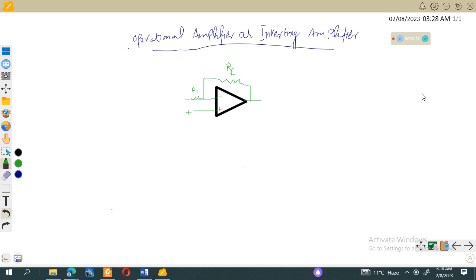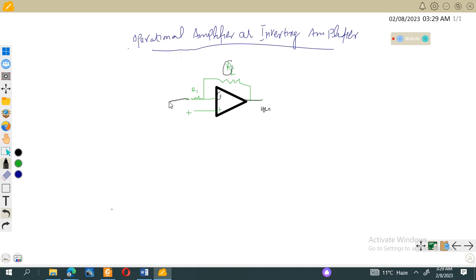So let's see. We have a diagram of an inverting amplifier circuit in which we have a resistor R1 as input, in which we have to give input, and this is the inverting terminal of the amplifier. This is our output terminal, and this is the resistor through which we want to extract the output of the amplifier.